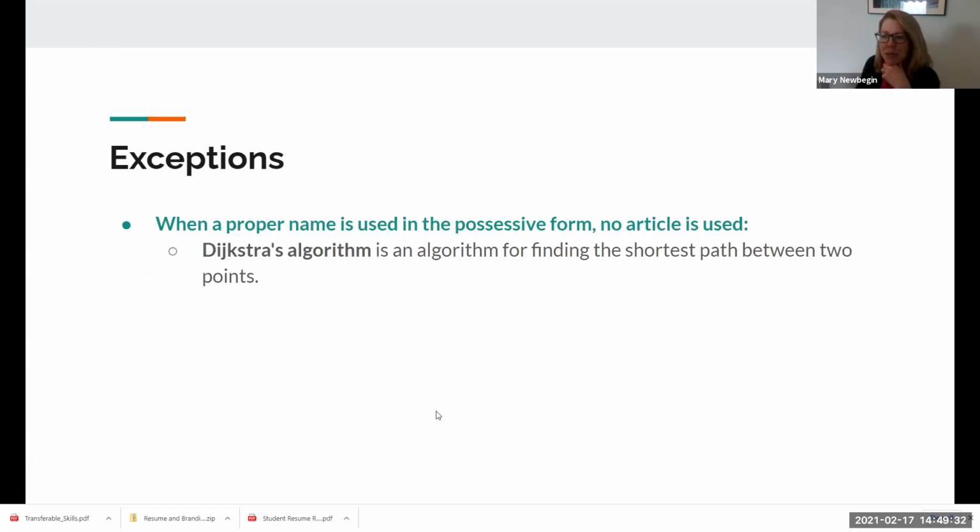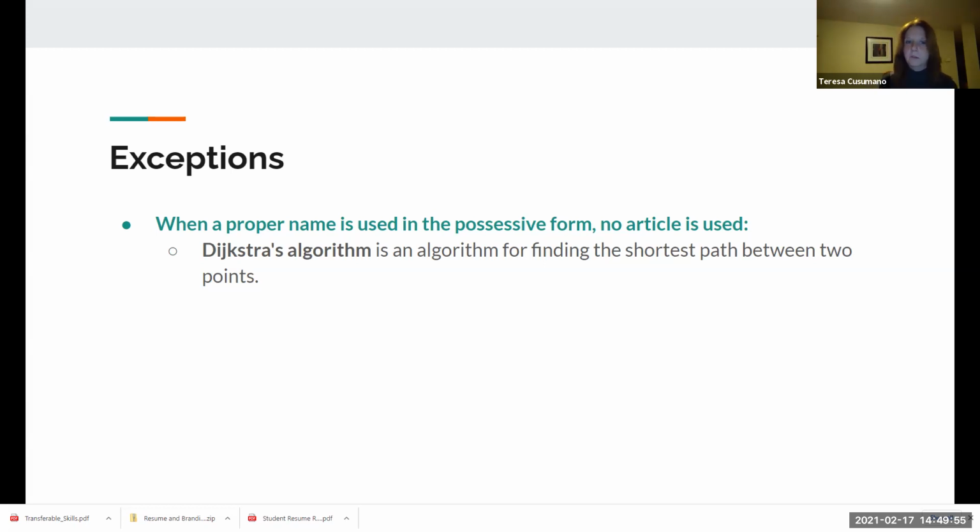Want to talk about exceptions? Sure. One exception is when a proper name is used in the possessive form, no article is used. If we are talking about someone's theory or someone's book, for example, Dijkstra's algorithm is an algorithm for finding the shortest path between 2 points.